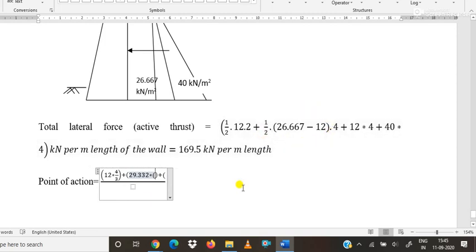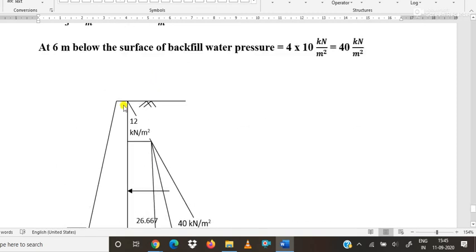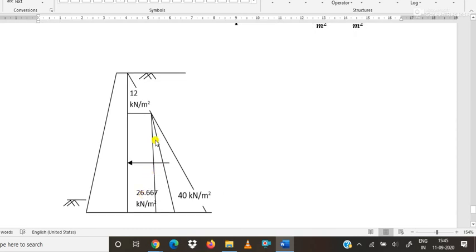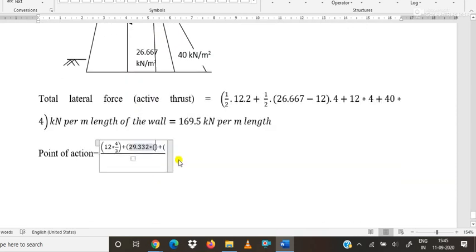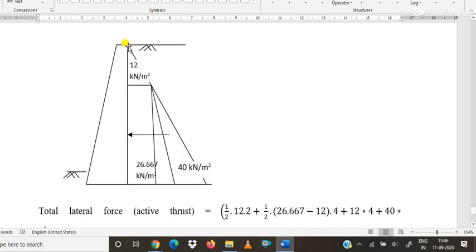This area is multiplied by the CG distance from the top, that is 2/3 of 4 plus 2, that is the distance from the top to the CG of this triangle.